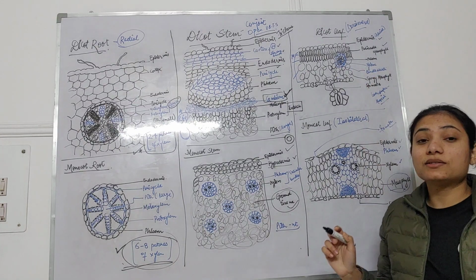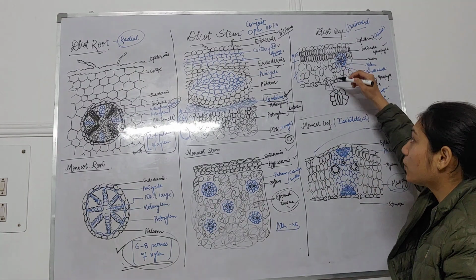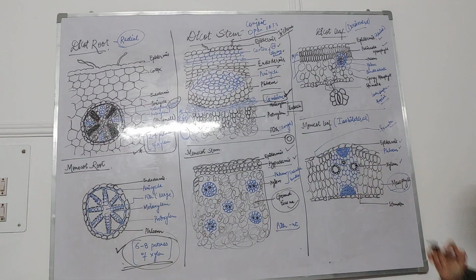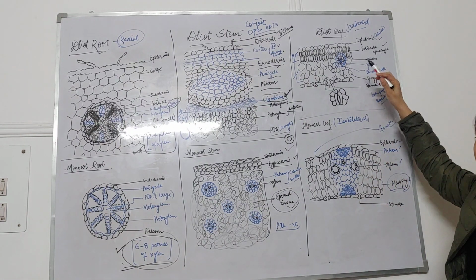And an air cavity is also present so that proper exchange of gases can take place. So this is all about the anatomy of the leaf.